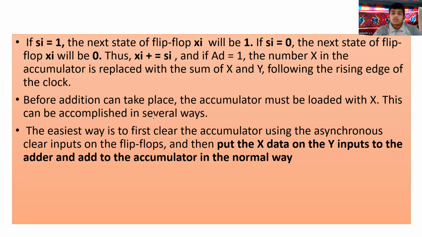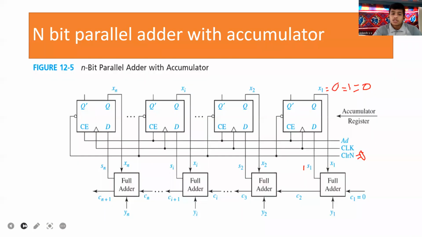This can be accomplished in several ways. The earliest way is to first clear the accumulator using asynchronous clear inputs on the flip-flops, and then put X data on Y inputs to the adder and add to the accumulator in the normal way. This means first we have to clear all the data in the flip-flops by using the clear signal.